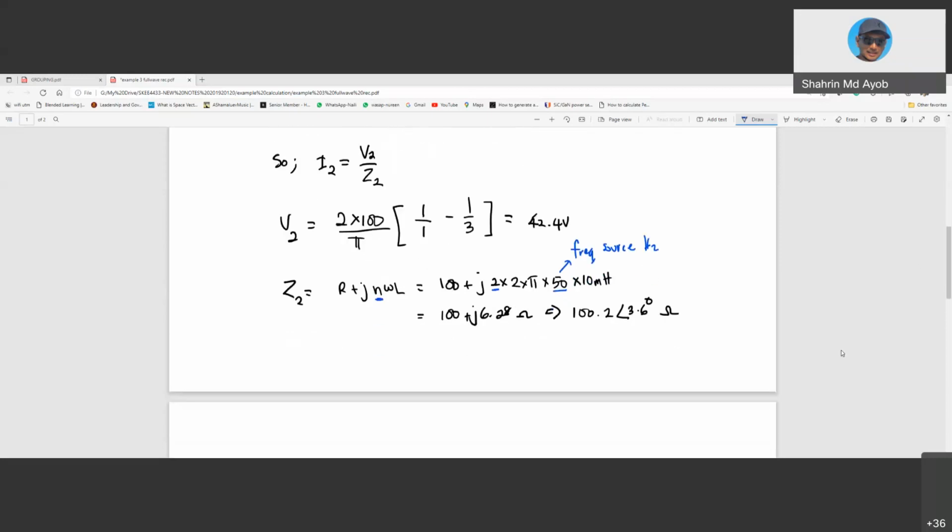But we only take the magnitude. So your I2 is V2 over Z2, which is 42.4 volts over 100.2 ohms.